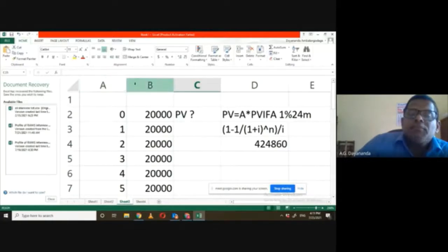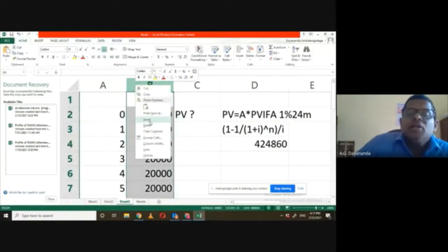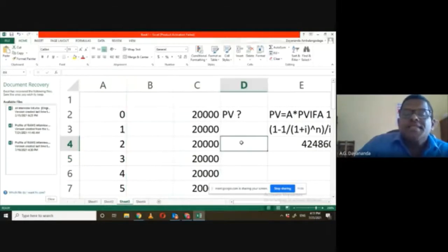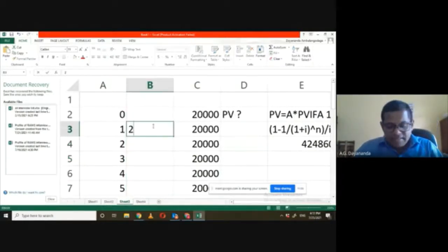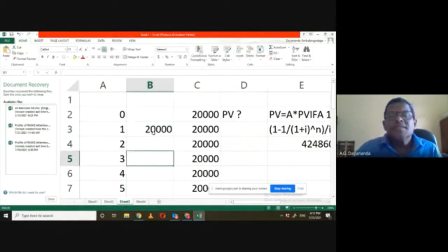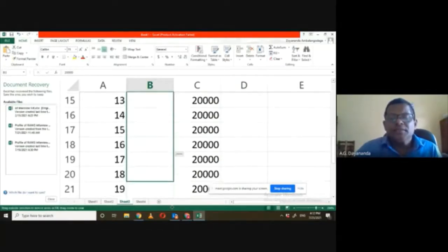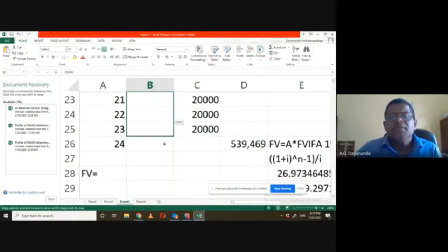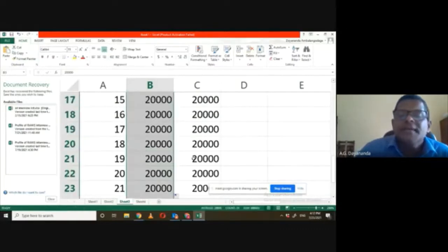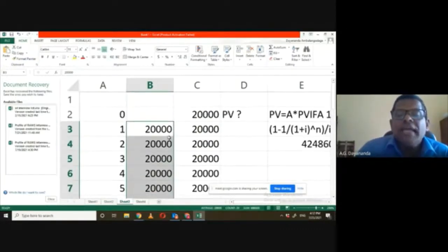If I do it again for you to understand this, earlier our cash flow was this. This is the end cash flow pattern for 24 months. That's what we did in our calculation. Now, if the cash flows are at the beginning, you are getting a deposit just now, not at the first year end.